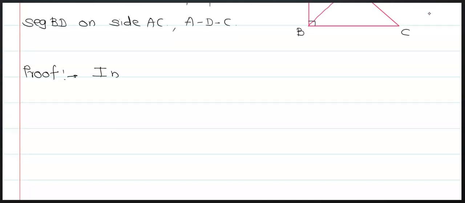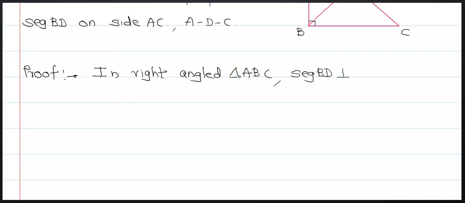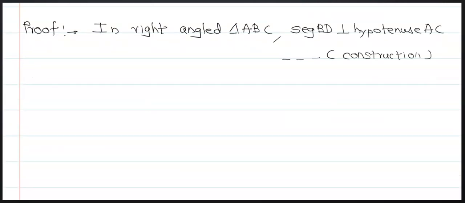Proof: in the right angle triangle ABC, segment BD is perpendicular to hypotenuse AC. This is the construction. We get the two triangles.